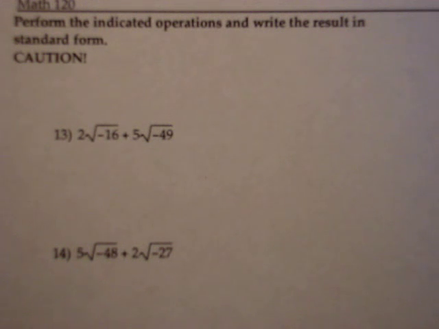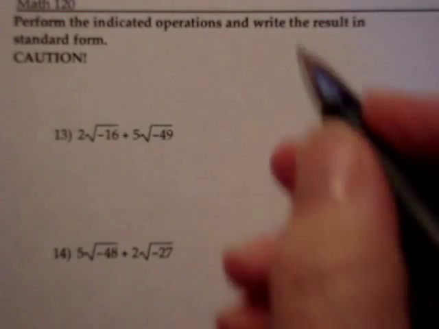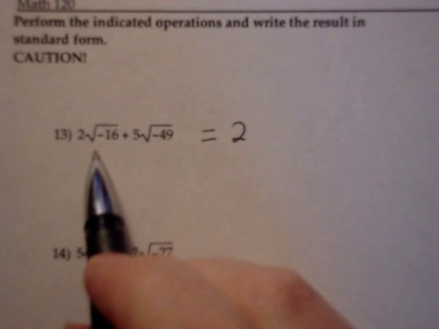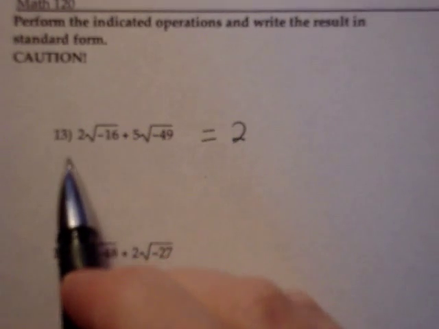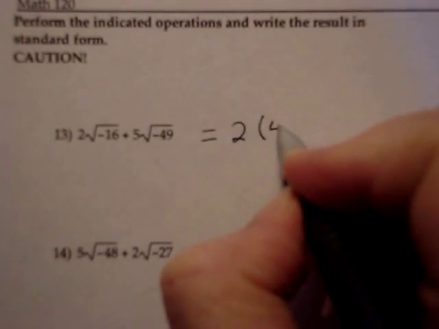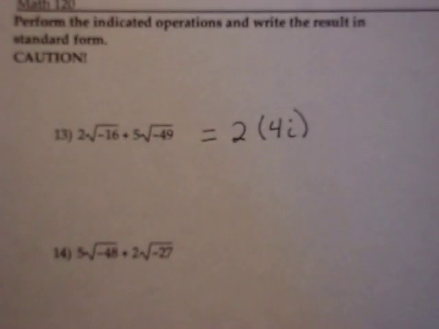So let's start with number 13. Number 13 says 2 times the square root of negative 16. Now that we've learned about the imaginary number i, we know that the square root of negative 16 will be 4i.